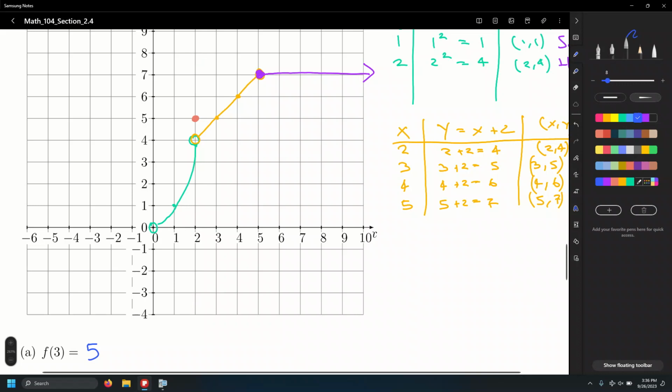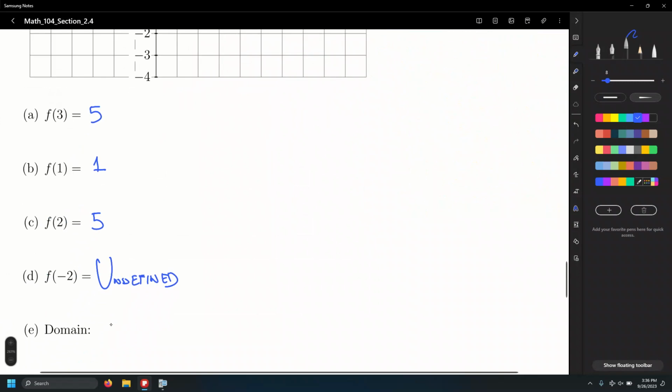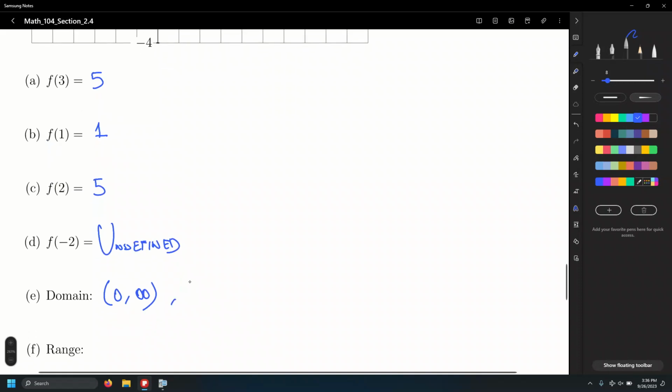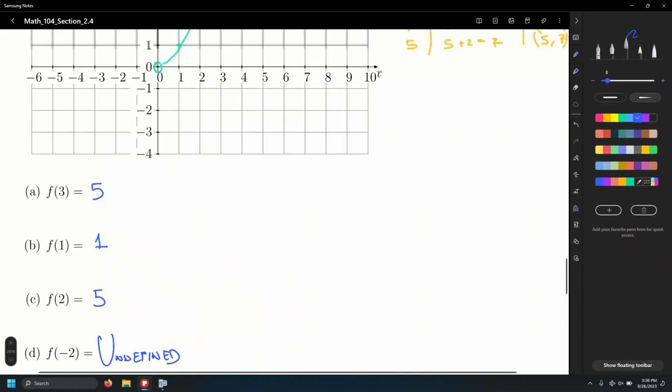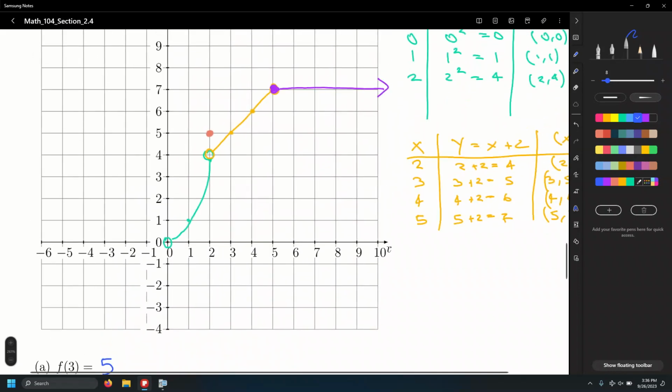No problem. 0 excluding the 0 all the way to infinity, and using the set builder notation, that is x such that x is greater than 0. What about the range? All right, that might be a little trickier, maybe not. What do you think about the range?